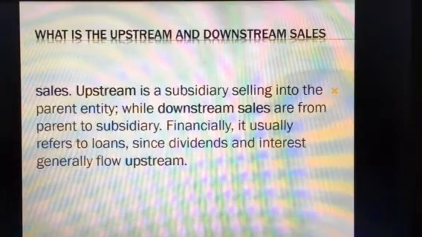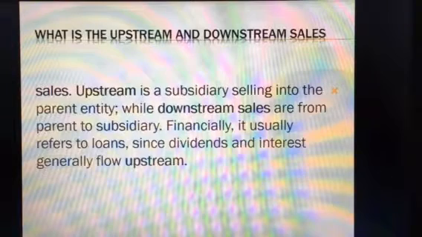So first of all, upstream sales is a subsidiary selling to the parent entity, while downstream sales are from parent to subsidiary. Financially, this usually refers to loans, since dividends and interest are generally upstream.